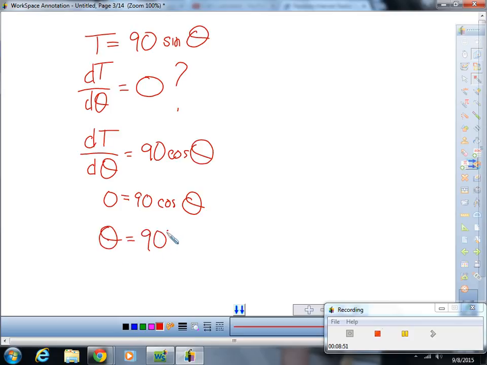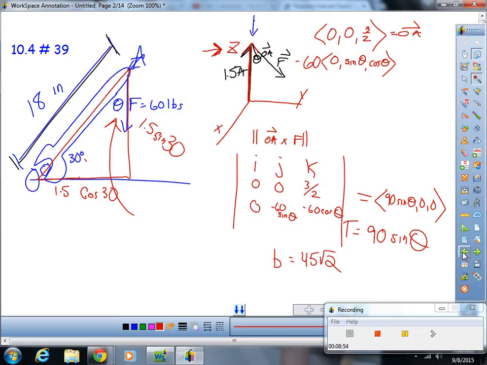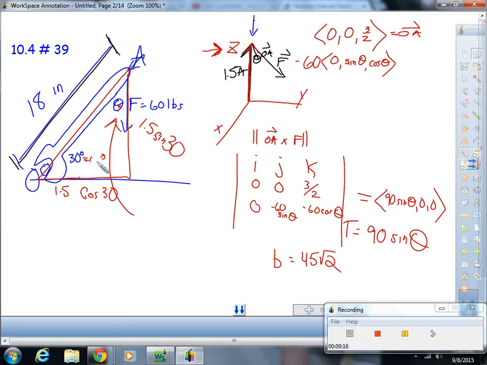Okay, don't freak out. I'm just doing what I told you I would do, which is help you when you need it. So what does that mean? Well, when this angle is 90, if you think about it in the original picture, then this angle would be 0 degrees, and at that point our force would look like that, which is perpendicular to our vector, which makes sense for torque.